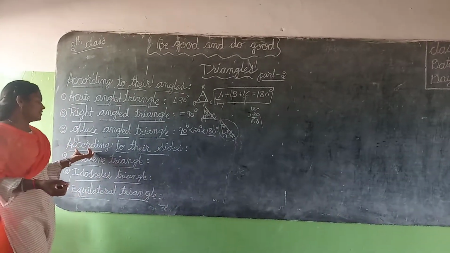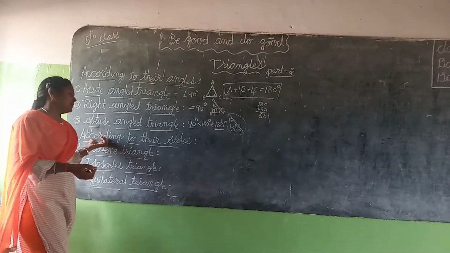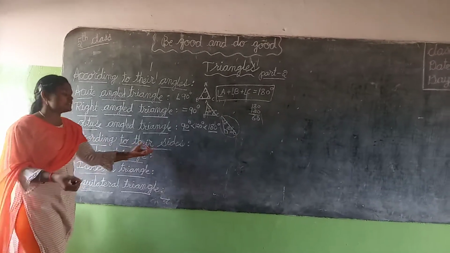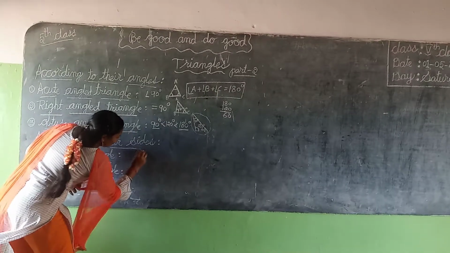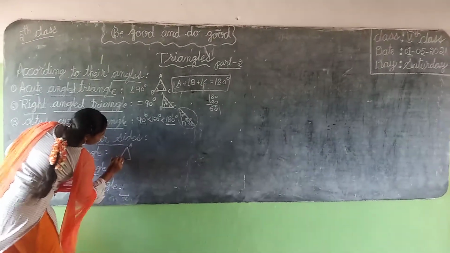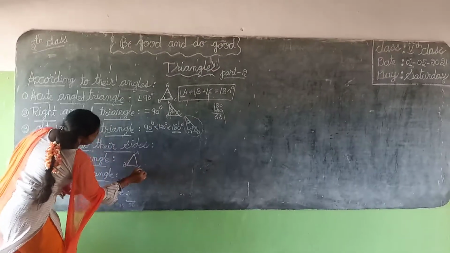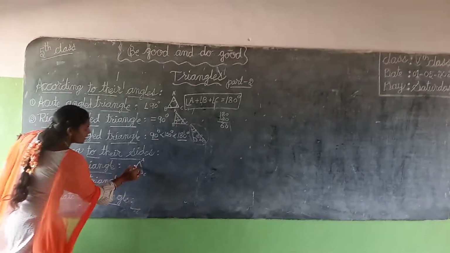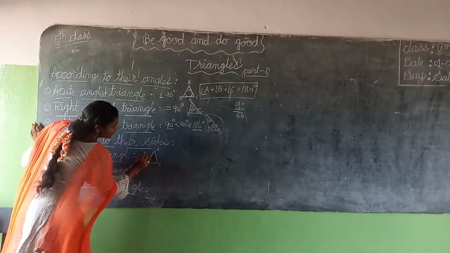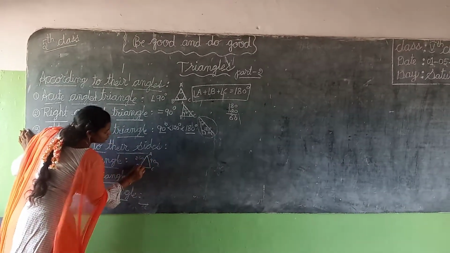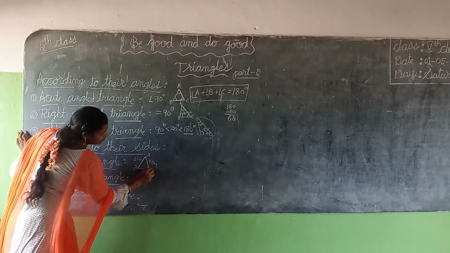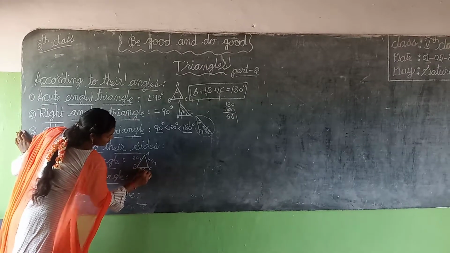Next, the classification of triangles according to their sides. For example, take a triangle with vertices A, B and C. The three sides have different lengths: AB is 2 centimeters, AC is 4 centimeters, and BC is 3 centimeters.